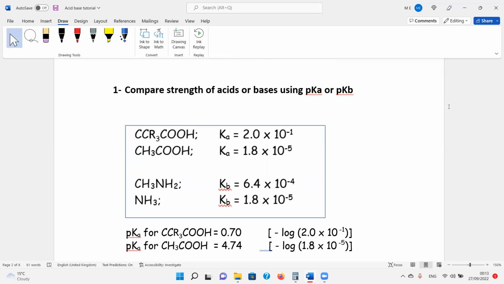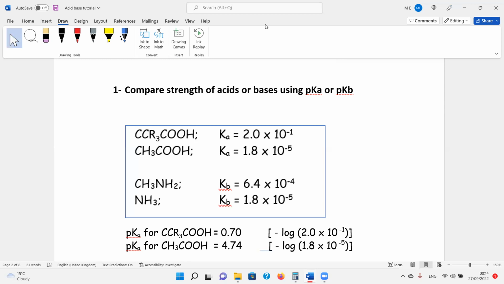Now, if you are not given values in the lab and you want to compare between acids, and you were told that they are of the same concentration, let's say 2 molar of this and 2 molar of that, there are ways to compare the strength of acidity, and one of which is just basically to measure the pH. So if you were to measure the pH of 2 molar hydrochloric acid and 2 molar acetic acid, you will find the pH of the 2 molar hydrochloric acid to be lower than the 2 molar acetic acid.